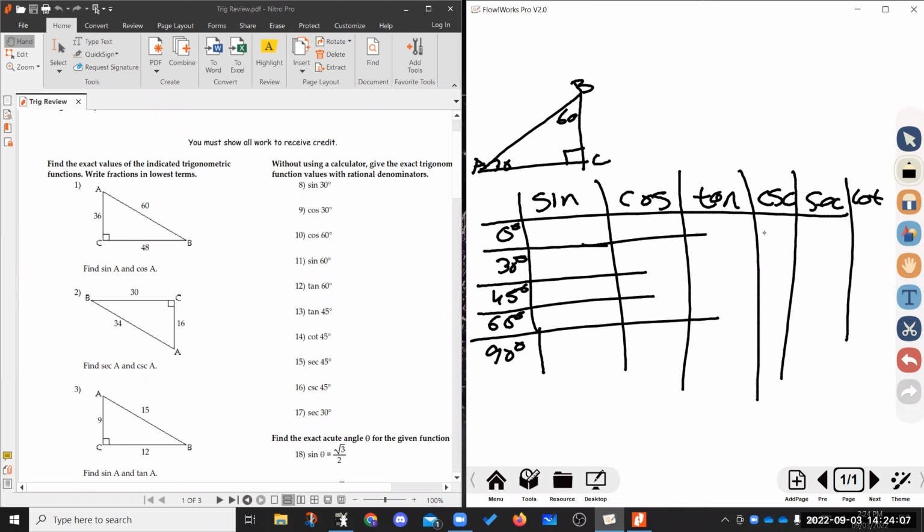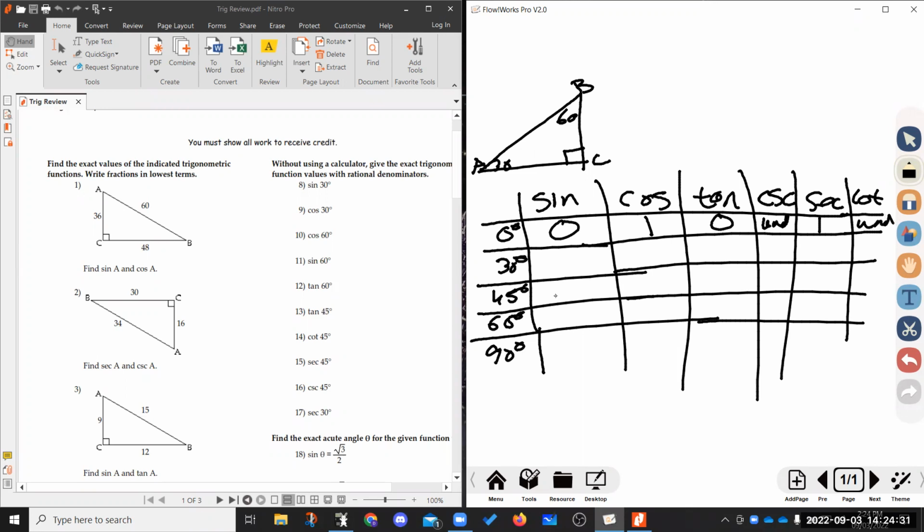Okay, just write it in a table like this. So sine of 0 is 0, cosine of 0 is 1, tangent of 0 is 0, cosecant of 0 is undefined, secant of 0 is 1, cotangent of 0 is undefined.